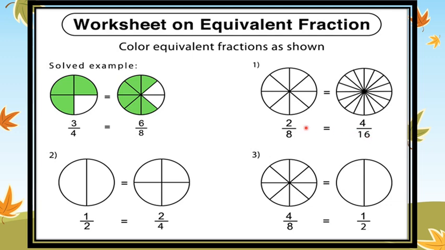How do we read 2 upon 8? 2 eighths. And this one we read as 4 sixteenths. And now let's solve this by shading. 2 parts need to be shaded.